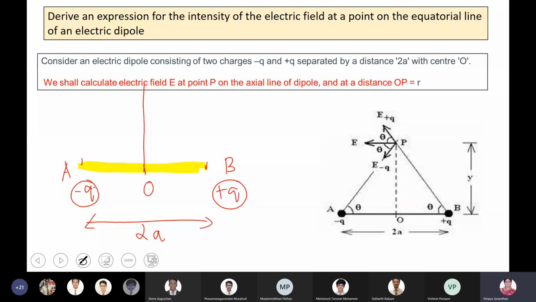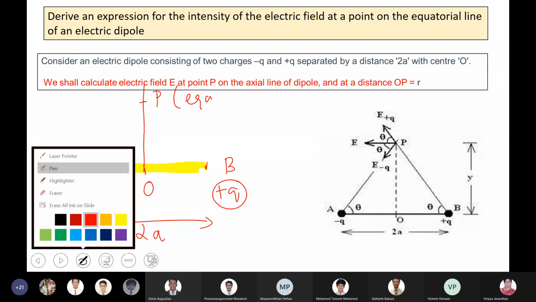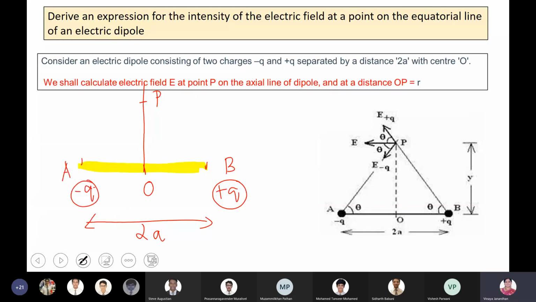You know what is the axis of the dipole? Along AB. So this is an equatorial plane. If P is a point on the equatorial plane, we call this point P the equatorial point.